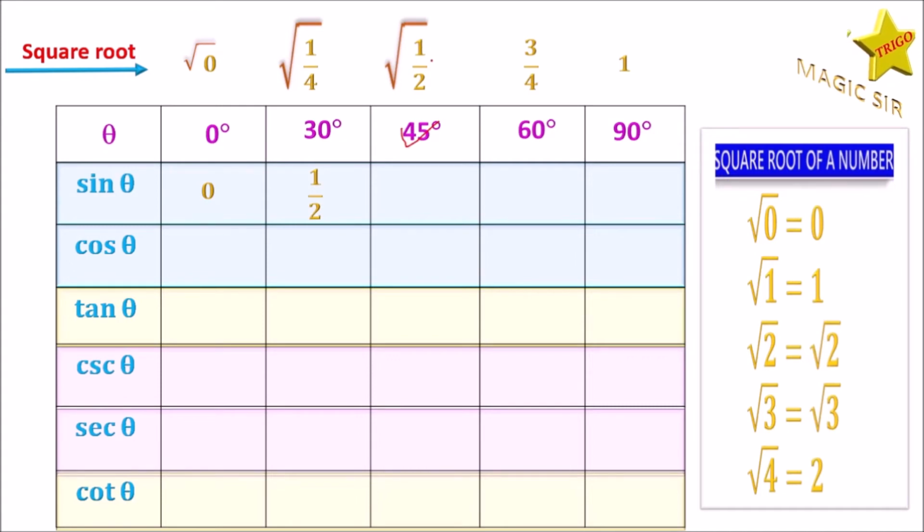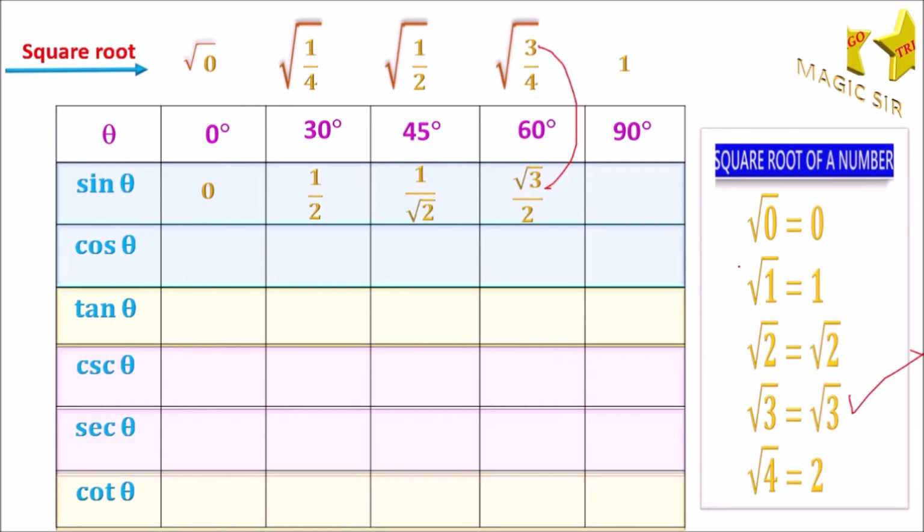For 45 degrees, square root of 1 upon 2 is 1 upon root 2, because square root of 1 is 1 and square root of 2 is root 2. Therefore, sin 45 degrees is equal to 1 upon root 2. For 60 degrees, square root of 3 by 4 is equal to root 3 upon 2.